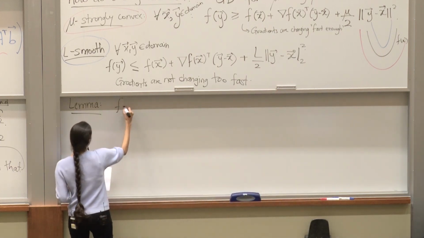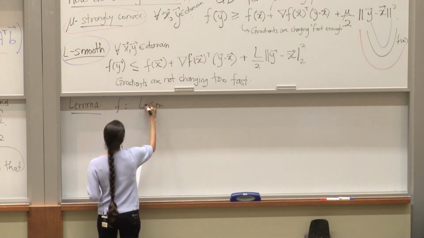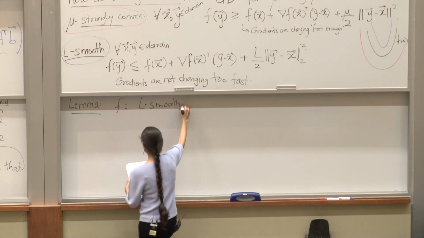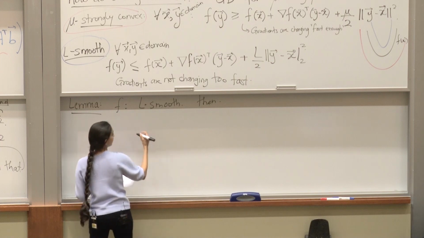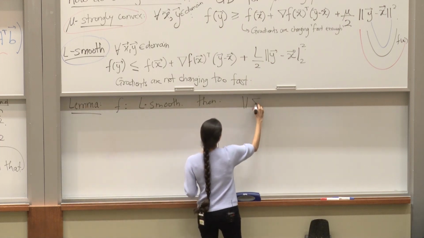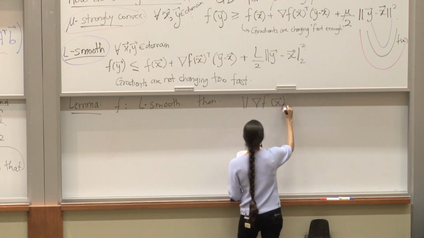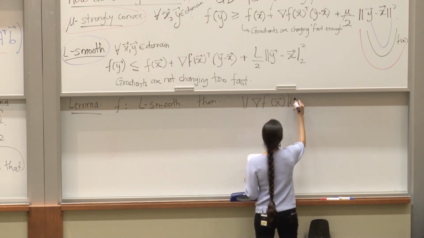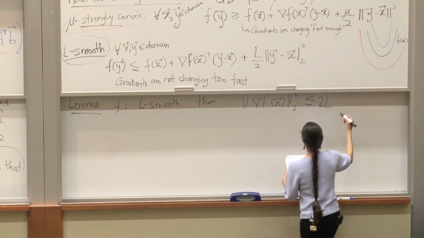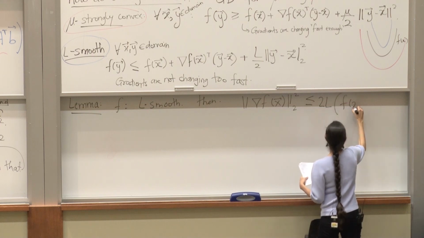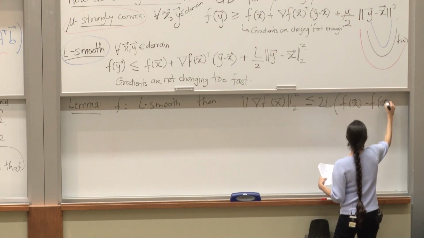So if I have an f that is L smooth, then I want to prove that the norm squared of the gradient of f of x is always less than or equal to 2L times f of x minus f of x star.